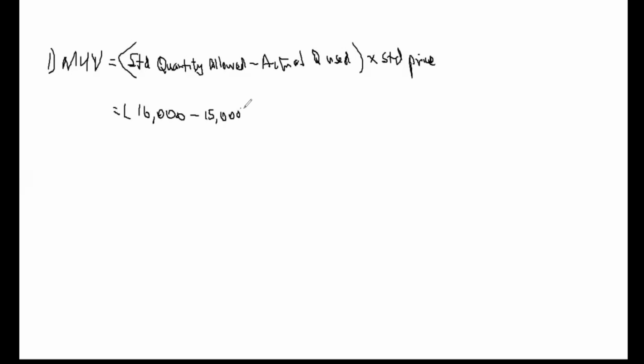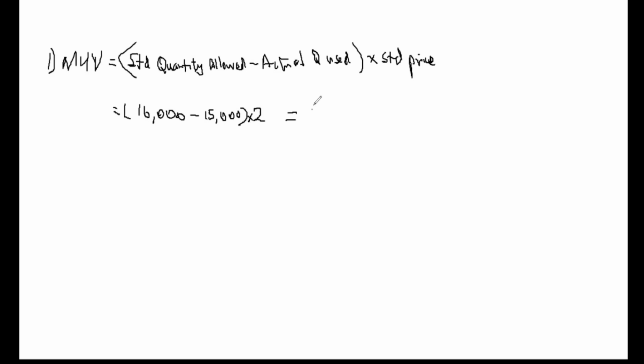Okay. Then times the standard price of material, which is $2. So when you minus this, you get this times 16 minus 15, which is 1, times 2. 1,000 times 2 is 2,000.